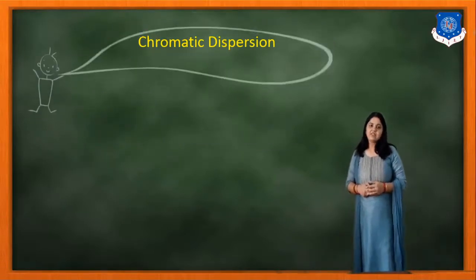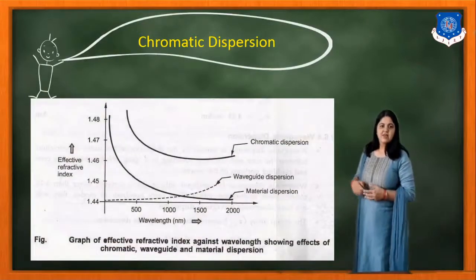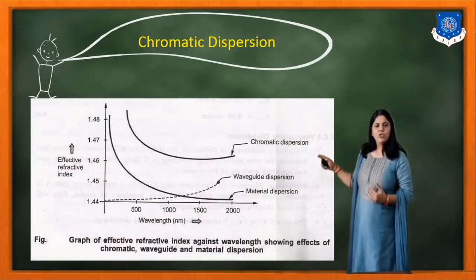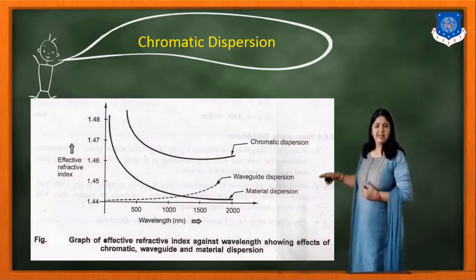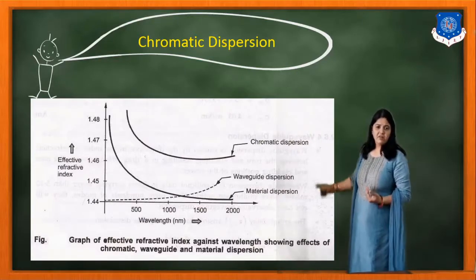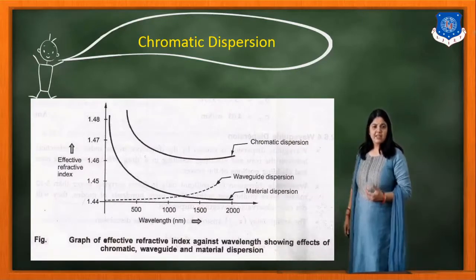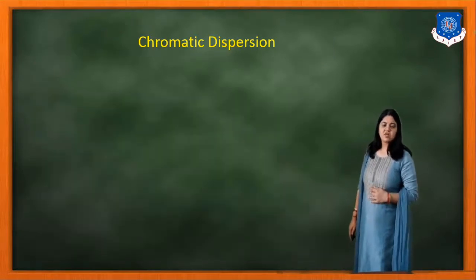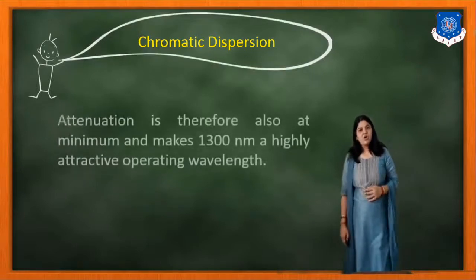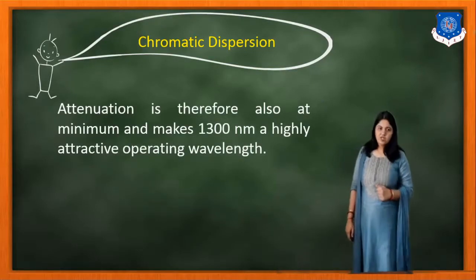We can see in the graph how the wavelength changes and how the various dispersions affect the fiber. So this is the chromatic dispersion, a combination of the other two.